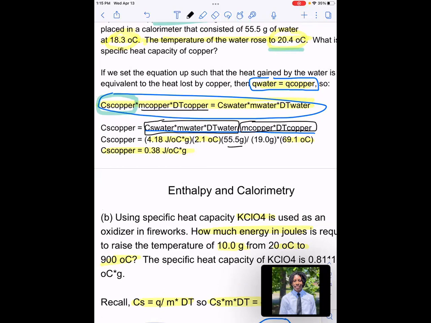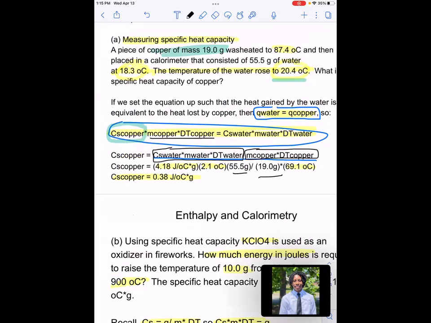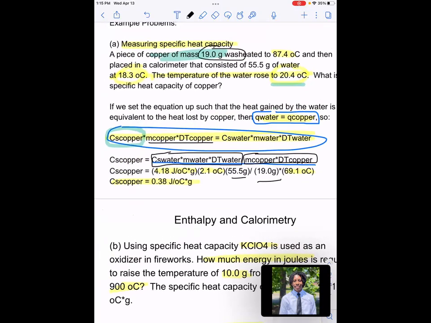And then we have the mass of the copper, which was given at the very beginning, 19 grams of copper was heated. And then we have here the temperature change in copper, because copper is going to match, the temperature is going to drop to whatever the initial temperature of water is.